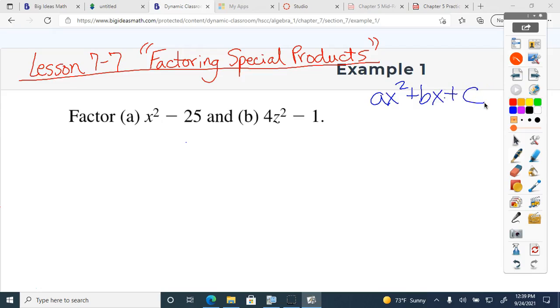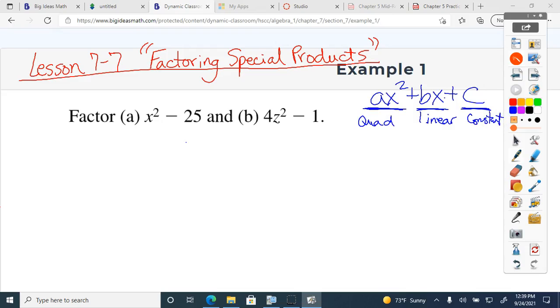These three terms make up a trinomial. The first term is known as the quadratic term because it has an x squared. The second term is known as a linear term because it just has x. And the c is called your constant term. So you've got your quadratic term, your linear term, and your constant term.